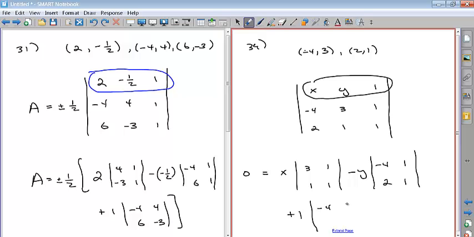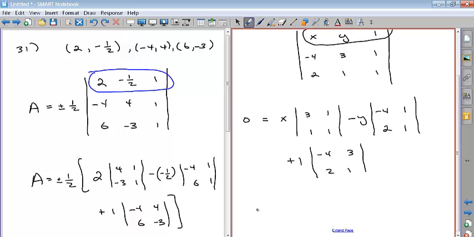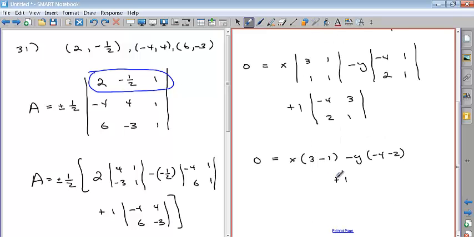So you get negative 4, 3, 2, 1. So you'll get x times 3 minus 1 from this, negative y times negative 4 minus 2, plus 1 times negative 4 minus 6.